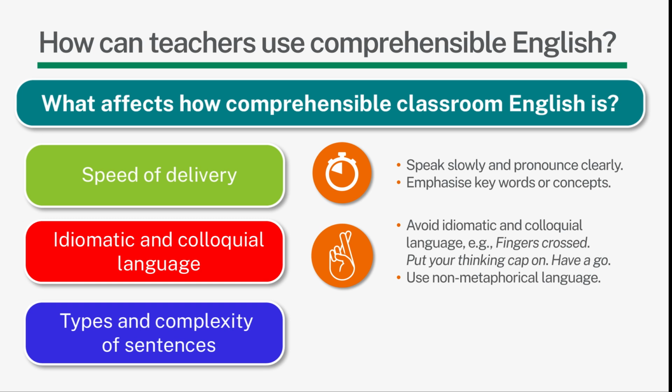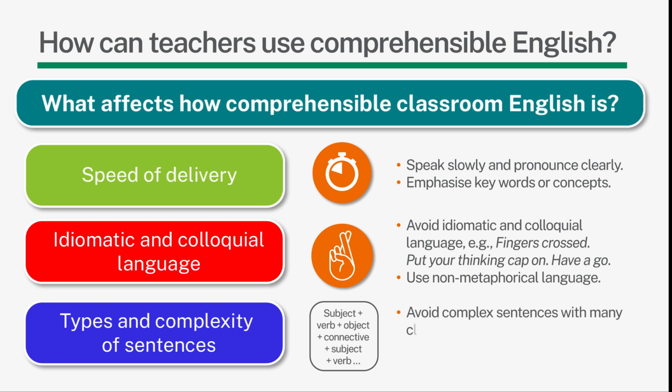Types and complexity of sentences. Complex sentences with several clauses, for instance, "Is there any shape that you can see that's left that you think, no way, there is not a right angle there?" create a barrier to understanding. It is hard for learners to know what to focus on or to separate out the different parts. Break such sentences up into simple one-verb sentences or make them into one sentence where possible. For example, "Which shape doesn't have a right angle?"